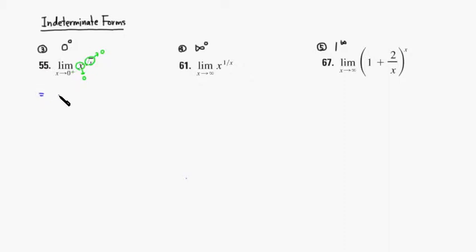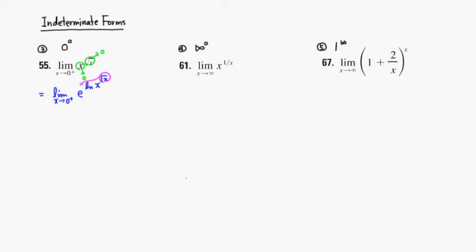So we can rewrite this as the limit as x approaches 0 from the right hand side of e to the natural log of x to the square root of x. We can use the natural log property to place the square root of x in front.